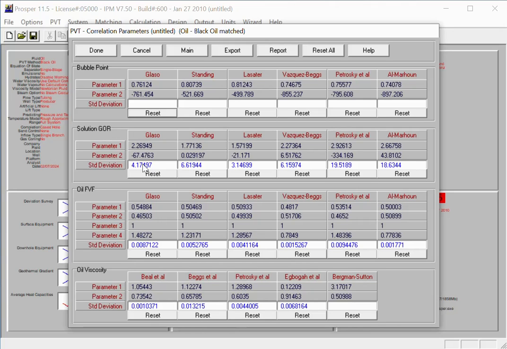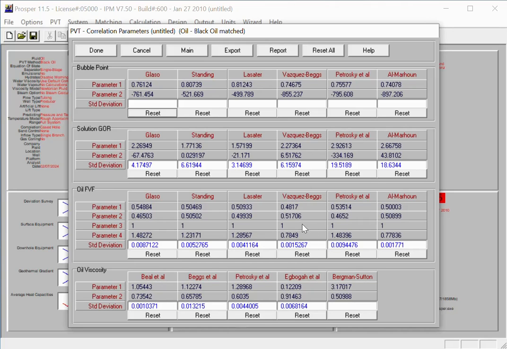We also look at the GOR. We have Lasetta as giving us the least value for standard deviation, and for oil formation volume factor we have Vasquez. I think that's the least. So for this we should use Vasquez, but then you can only use one correlation for the first 3 values you have here for bubble point, GOR and oil formation volume factor.